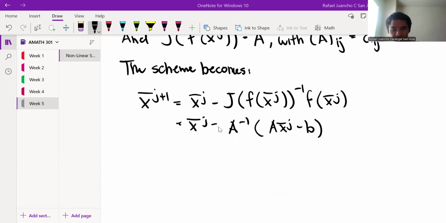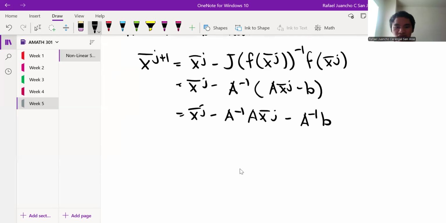Wait, let me actually try deriving it myself. I just want to complete the whole thing. This is its inverse times itself minus its inverse times this. And then what happens here to these terms? We can factor out this x_j thing. So this gives me 1 minus this.